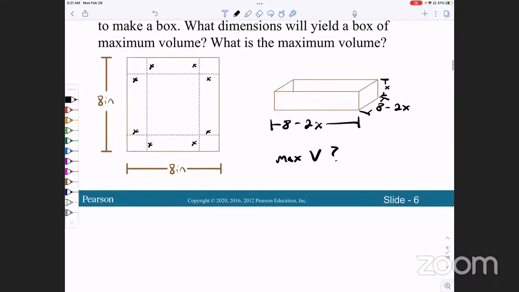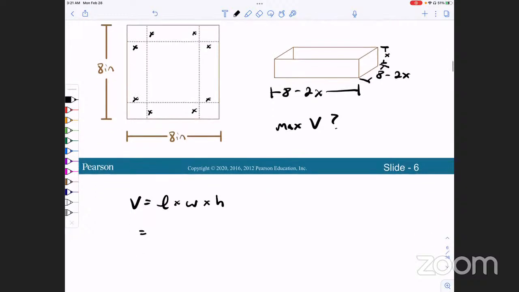An expression for our volume: length times width times height. So in this case, that's going to be 8 minus 2x squared, because you multiply it by itself twice, and then times x. We want to find the maximum volume, so we need to look at the first derivative.